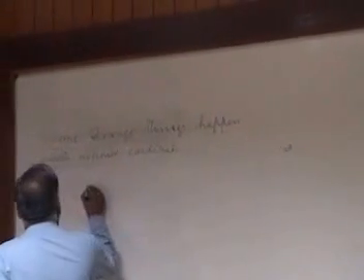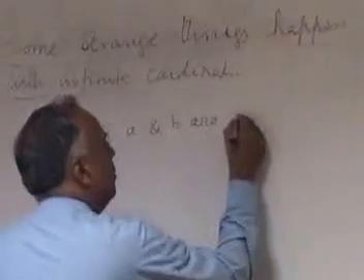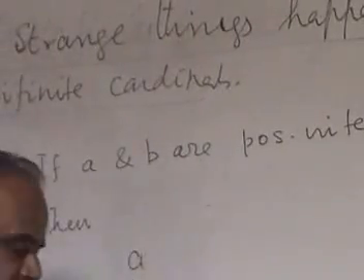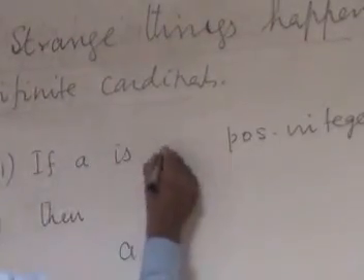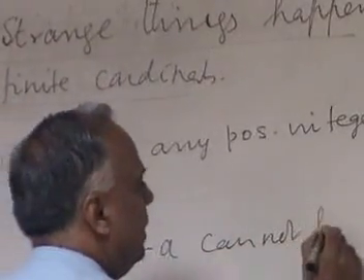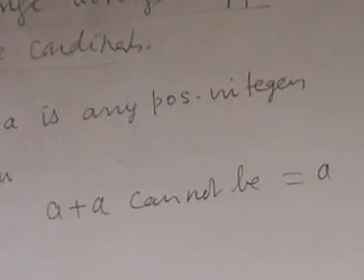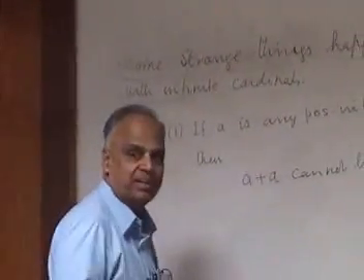One: if A is any positive integer, then A plus A cannot be equal to A. That is obvious. A plus A will be 2A, twice it. But if A is an infinite cardinal, this can happen. In fact, this shall happen.